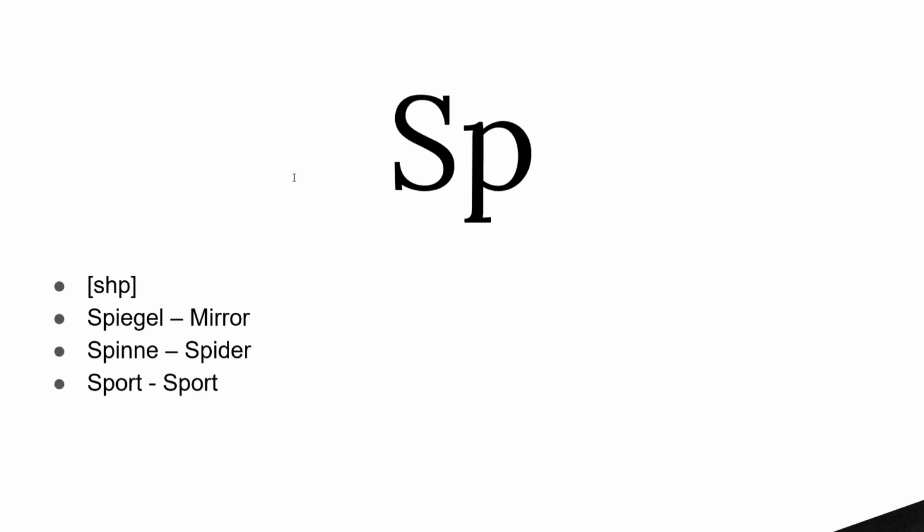The next letter is Sp. When you see an S before a P, you have to automatically pronounce the S as Sh, even if there is no C or H. The S is pronounced as sh as long as there is a P after it. For example, Spiegel.